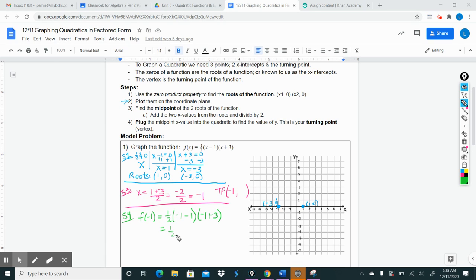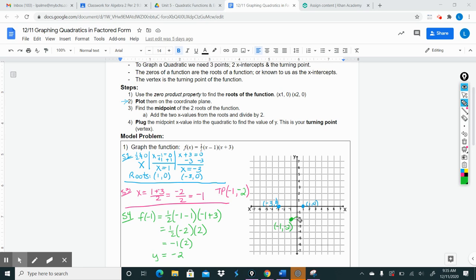So we have 1/2 times -1 minus 1 is -2, and -1 plus 3 is +2. So we have 1/2 of -2 is -1 times 2, and we get -2 as our y value. So -1, -2 is our turning point.